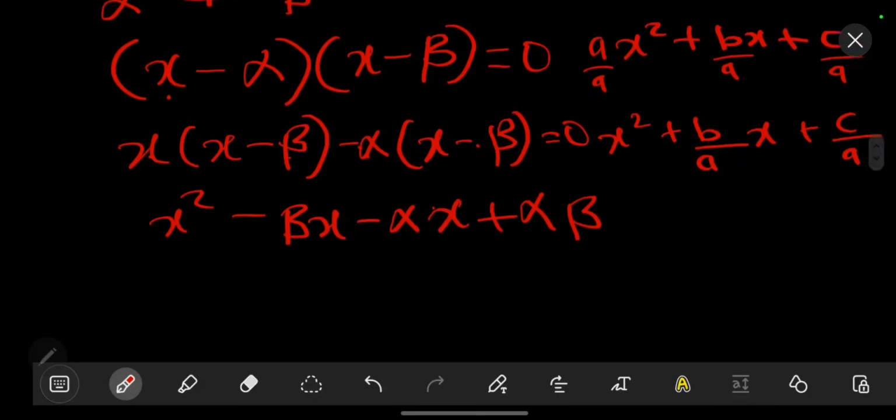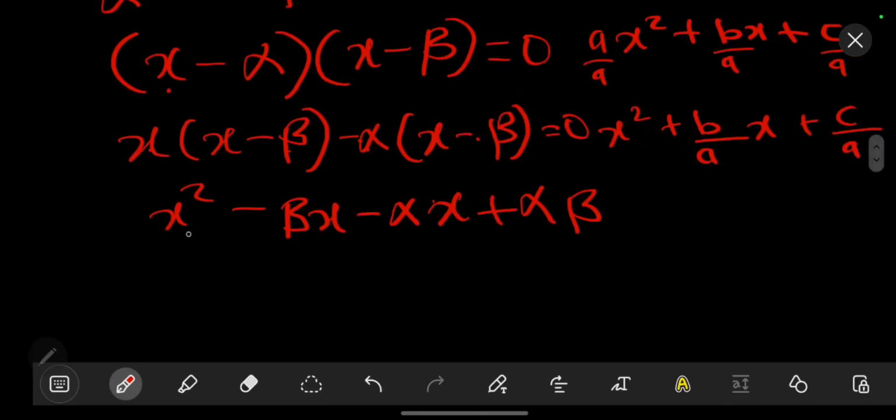Now, with the x squared, we can factorize the negative and x, since x is common. When we open the brackets, the negative goes, so we remain with positive beta, plus alpha, since negative divided by negative is positive.